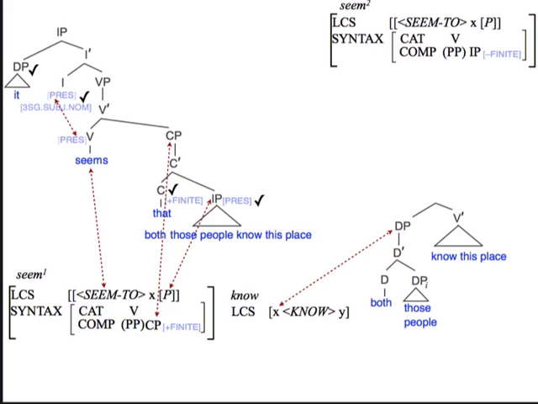In this case, we've got the verb know. We've got both these people as the subject of know this place, put in the specifier of VP slot. We put in the IP because we're just following what the lexical entry is here.